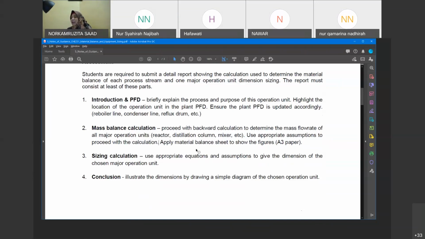What we want to focus on now is the material balance for the separation process. For example, you have a mixture of A, B, C, but you want to separate A from B, C. Or you want to separate A from B, C, and then separate B from C. So that's the concept we want you to have.